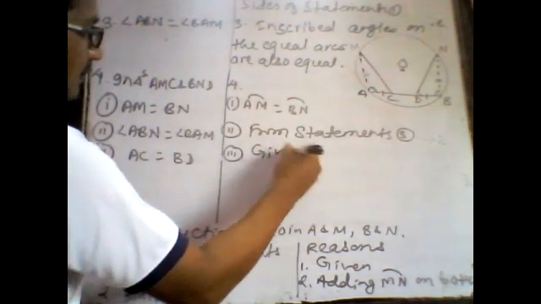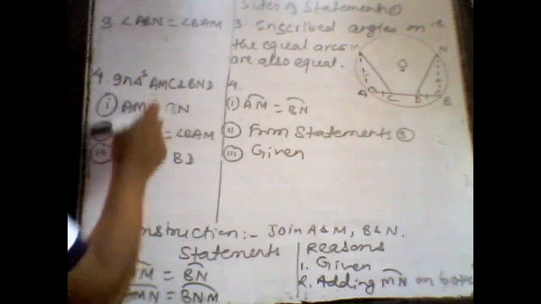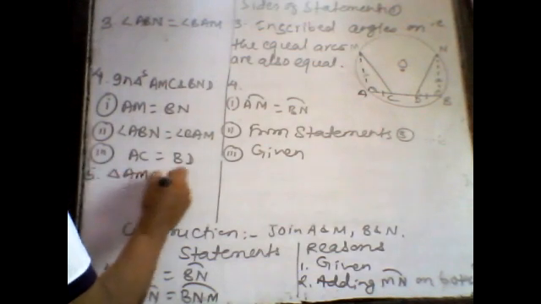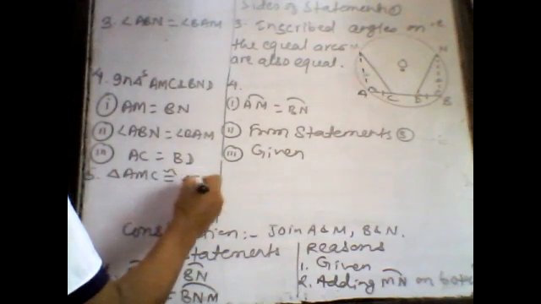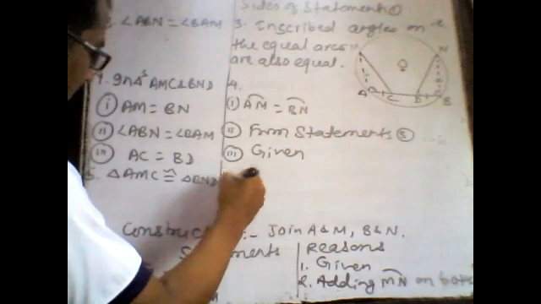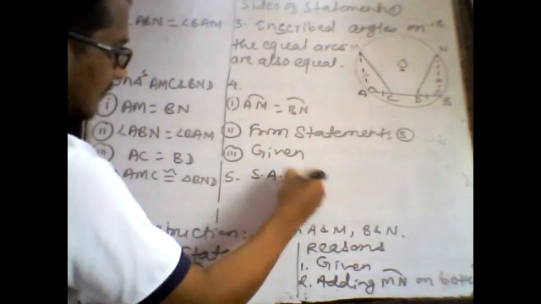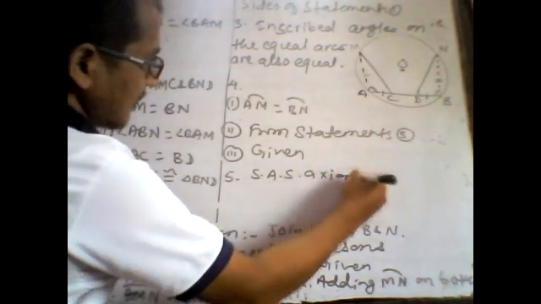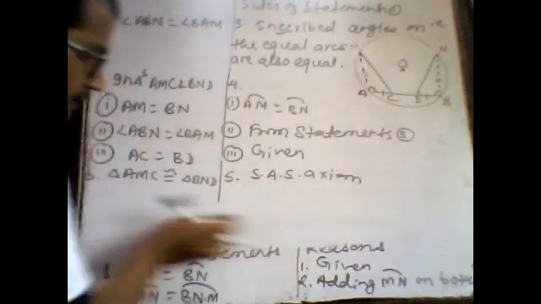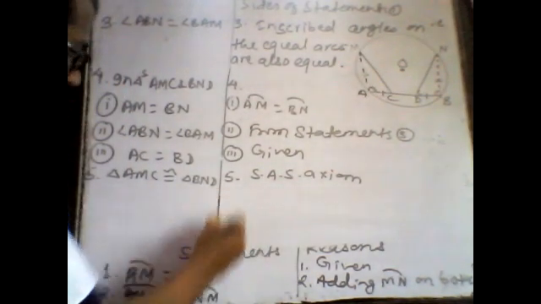What is the reason? Given. SAS. So in number 5, triangle AMC is congruent to triangle BDN. The reason: SAS axiom. If two triangles are congruent, then obviously corresponding angles will be equal.